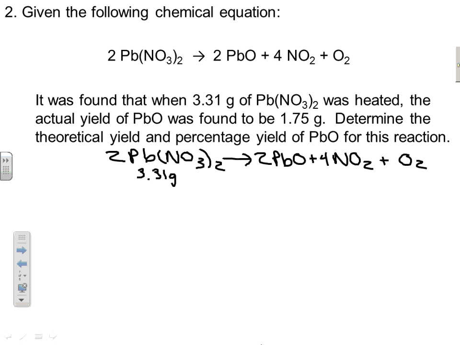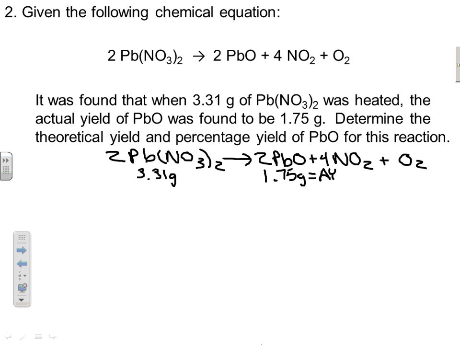Again, under PbO, I would write 1.75 grams. And because we know that it is the actual yield, I will put here equals AY. All right?